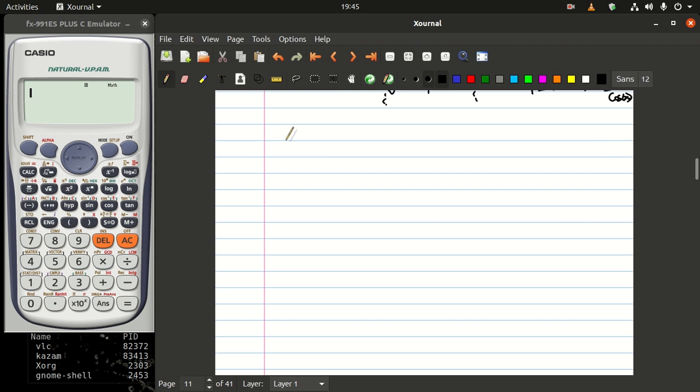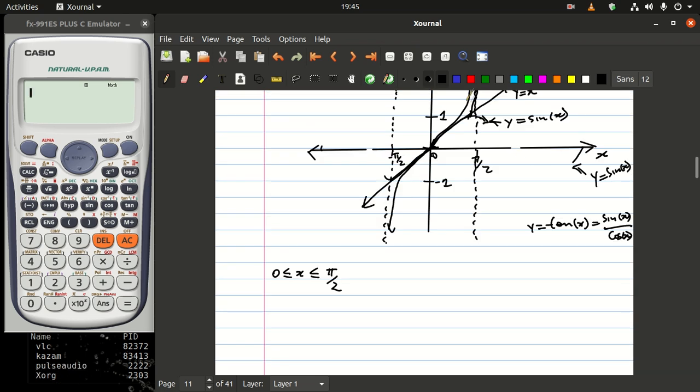So now I am looking at 0 less than or equal to x, and x less than or equal to pi over 2. I'm going to use a different color. Red, I think, is going to be fine.